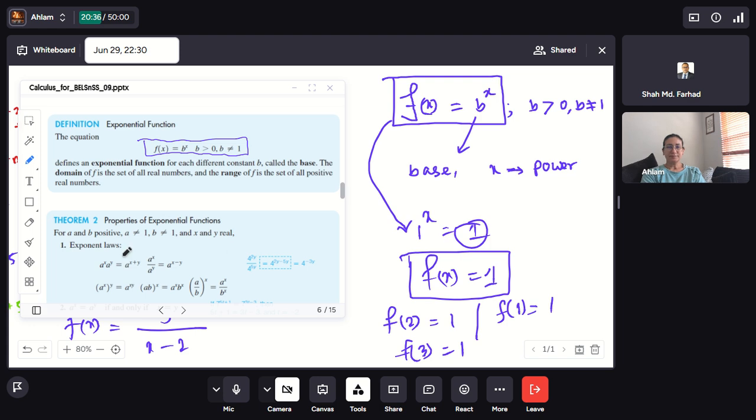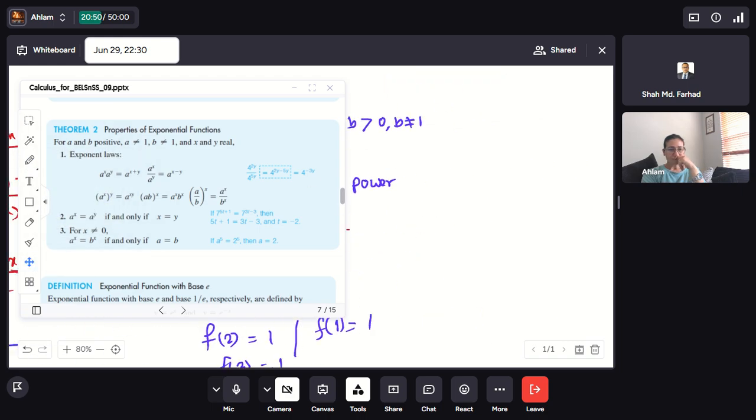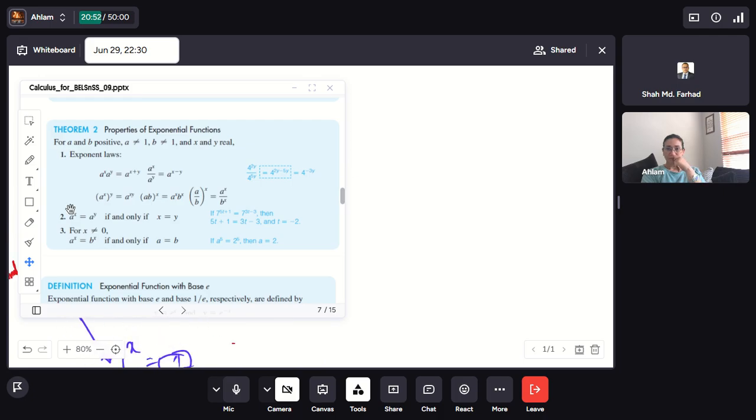And then there are some properties related to exponential functions. If we are given a power x times a power y, we can write it as a power x plus y.